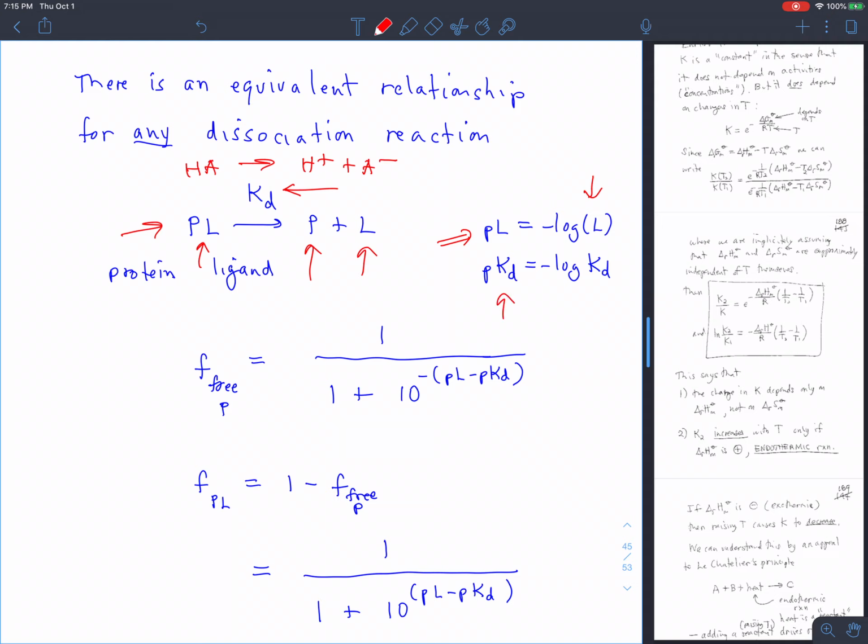And you can see, just making the analogy point by point, that the fraction of protein that doesn't have a ligand on it, the fraction of free protein here, is going to be the same formula as the A minus above for the acid case, and so it's going to be 1 over 1 plus 10 to the minus pL minus pKd.